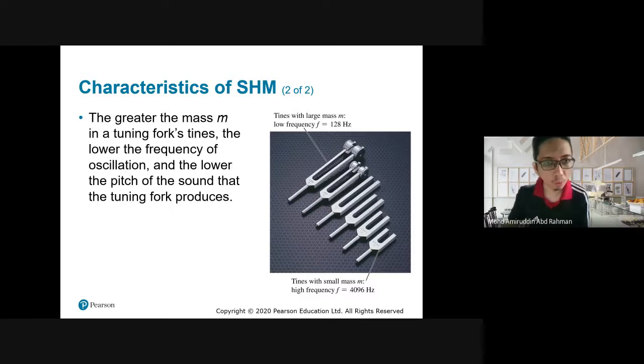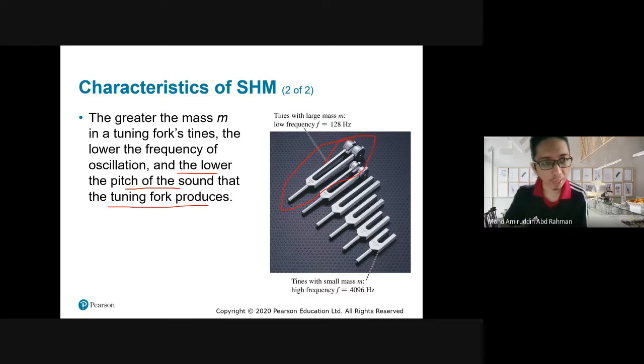Whenever we have the greater mass, this bigger one, it has a lower frequency of oscillation and a lower pitch of the sound that the tuning fork produces, due to the lower frequency.